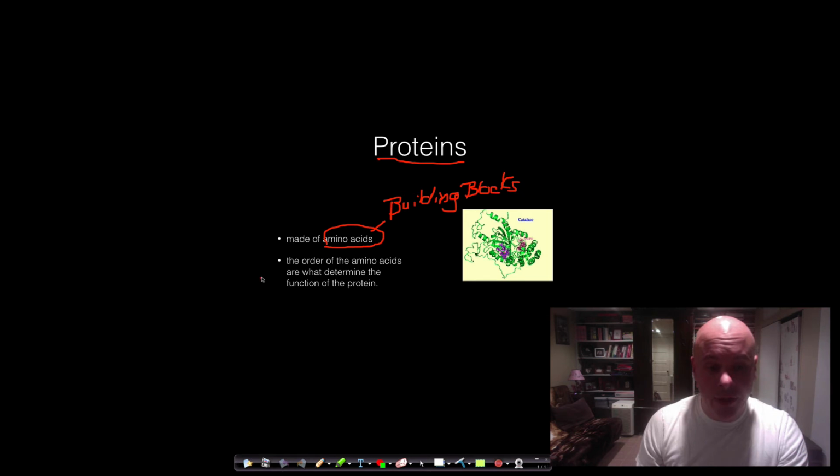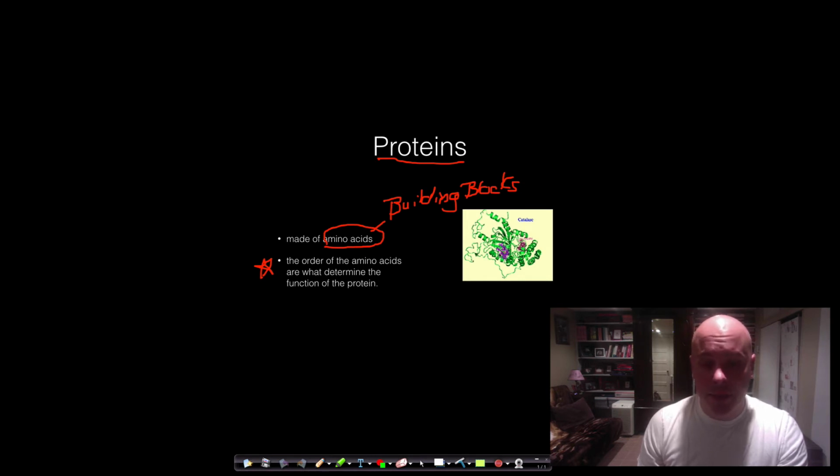Pay close attention to this. The order of the amino acids determines the function of the protein. If we take a look at this picture, this is an enzyme called catalase. This green ribbon is representing the amino acid sequence, whatever it might be.